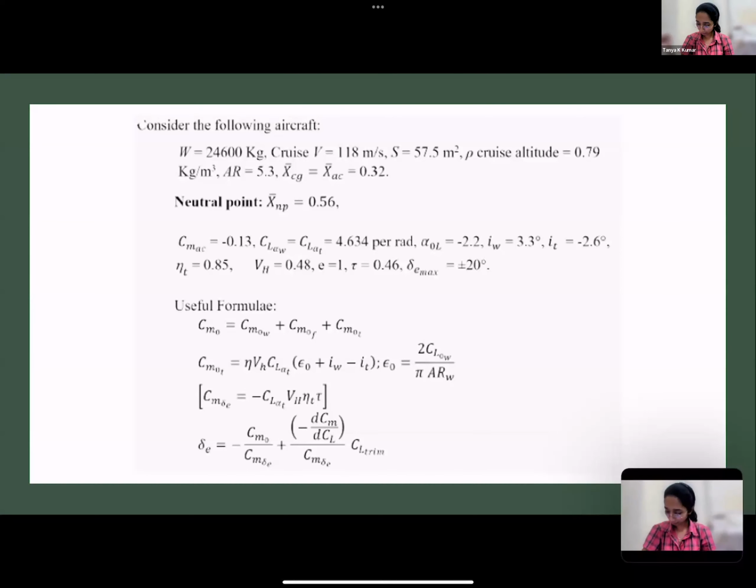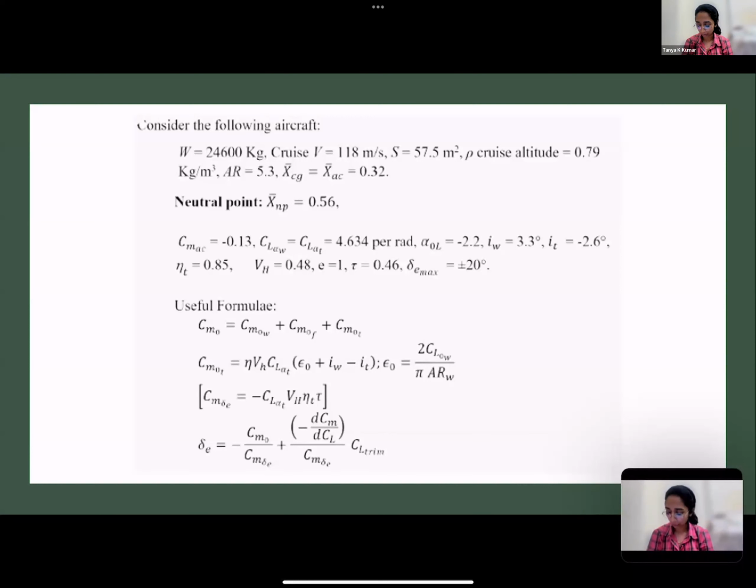Okay, so the data given to us is the weight of the aircraft, the cruising velocity, the area, the density at the cruise altitude, the aspect ratio, XCG and XAC, which are the same thing in this case, the neutral point.